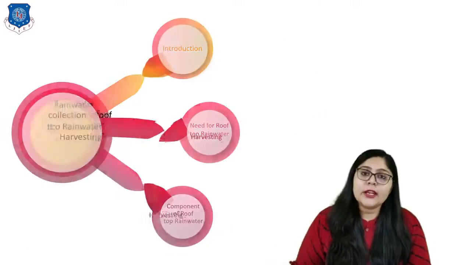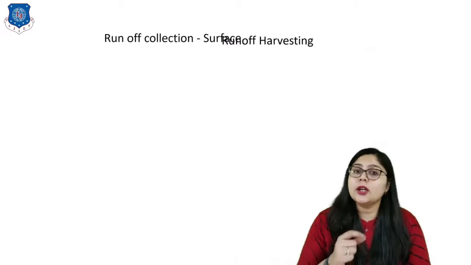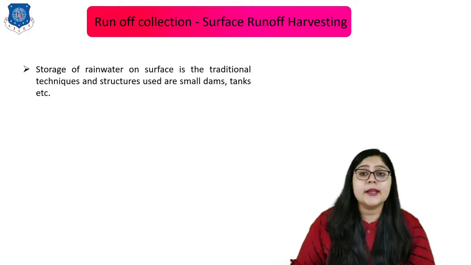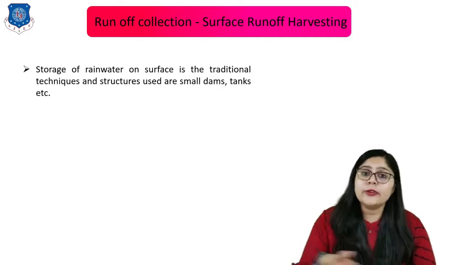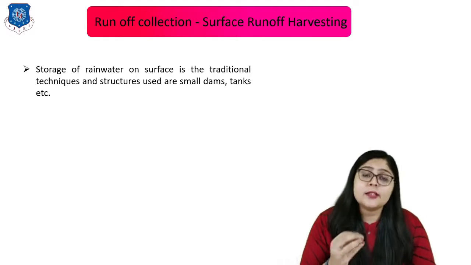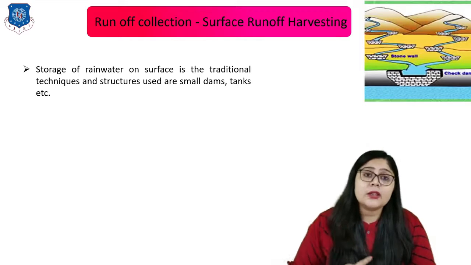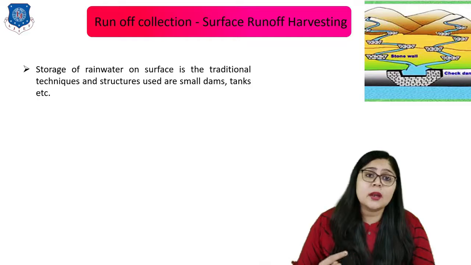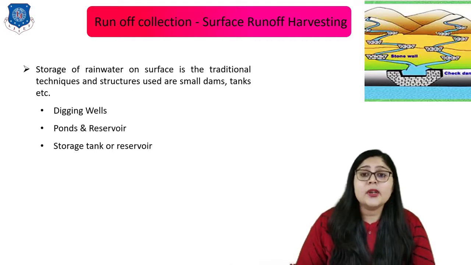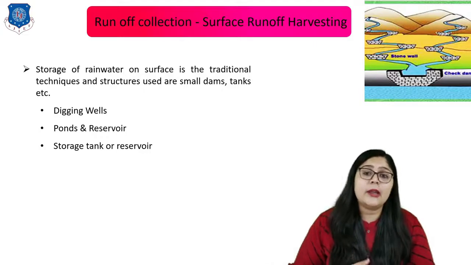Now, let us move to the second method, known as runoff collection, which is surface runoff harvesting. Storage of rainwater on the surface is the traditional technique, and the structures used are small dams, tanks, etc. Here on screen you can see various components for storing the water, like digging wells, ponds and reservoirs, or even a storage tank or reservoir.